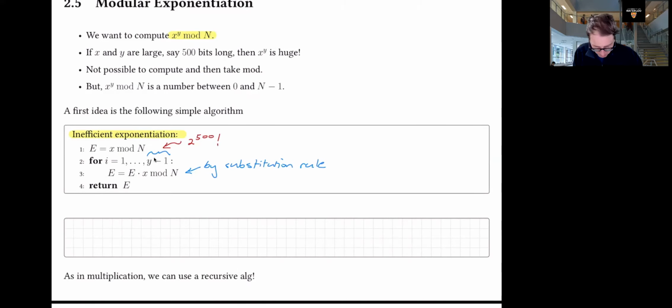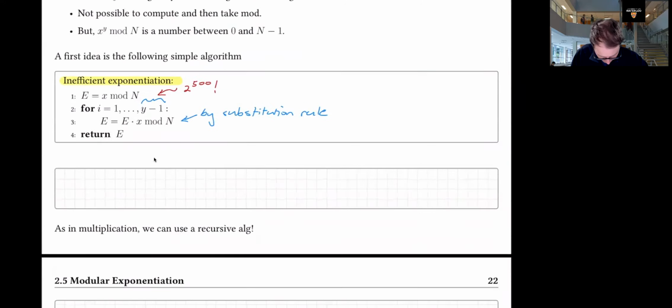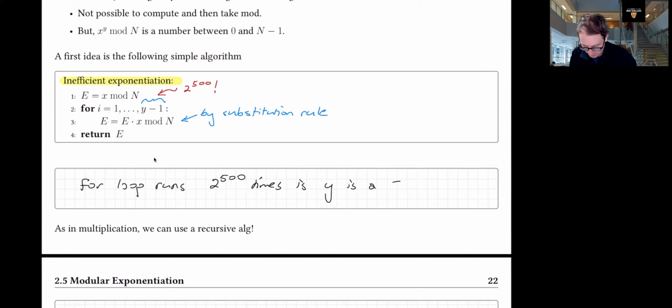So the for loop in this case runs 2 to the 500 times, if y is a 500-bit number. So not an efficient algorithm, right? This isn't going to work.